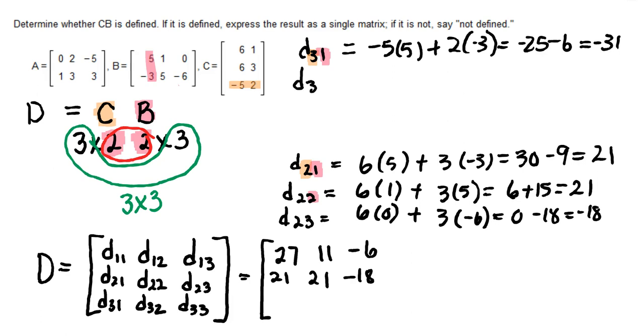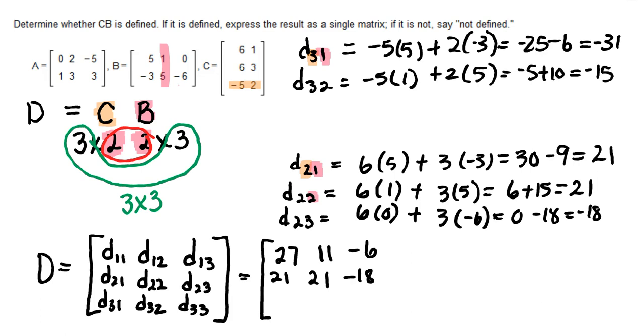And D32, we're going to switch that first column to be the second column. And we have -5 times 1 plus 2 times 5. So -5 plus 10 is 5. And the last one, D33, let's change that second column to the third column.